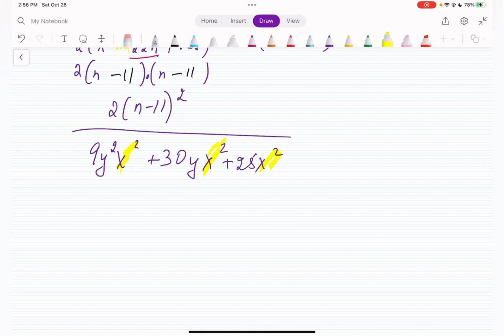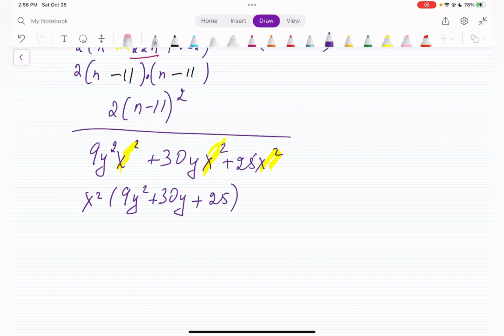But also coefficient, 9, 30, 25. No, I can't take anything because 25 I can divide only by 5 and 9 I can't divide by 5. Well, at this point, all I'm going to do, take out x squared. And I will have 9y squared plus 30y and plus 25.